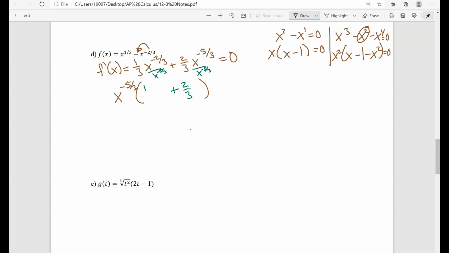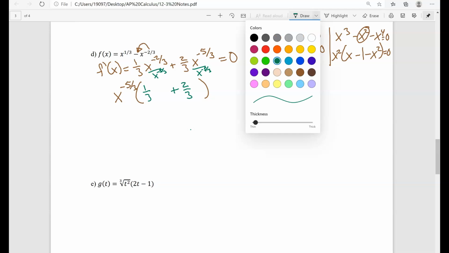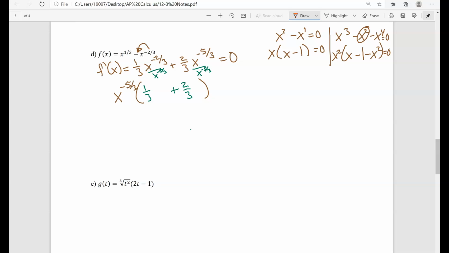Here I have a 1/3, and if I divide x to the negative 2/3 by x to the negative 5/3, remember with exponents we subtract the exponents. Negative 2/3 subtracted by negative 5/3 gives you 3 over 3, which is 1. So I'm left with one single x. If you need to rewind the video again, just do it, because I know this can be a little confusing.